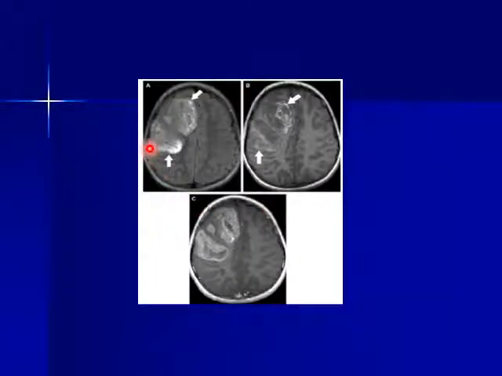Again, it may show this bizarre shaped appearance, okay, T1 hyperintensity rim surrounding it, or it may show this variegated appearance in its core. Just remember the shape of this tumor.